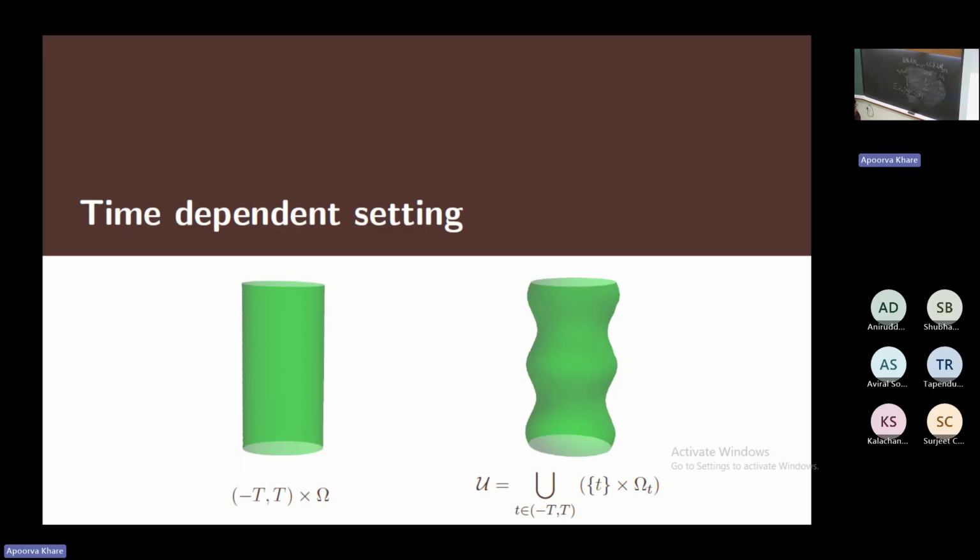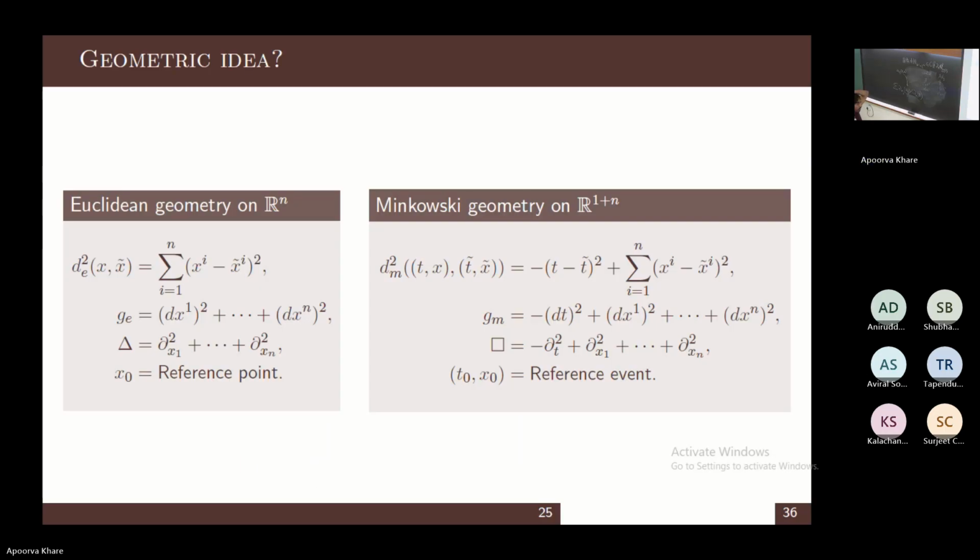The main idea behind this is the notion of Minkowski geometry, which I don't want to call a generalization, but it is an analog of Euclidean geometry corresponding to a different kind of metric. So Euclidean geometry in R^n compared with Minkowski geometry in R^(1+n). Over here, your distance is given by the usual one we know.